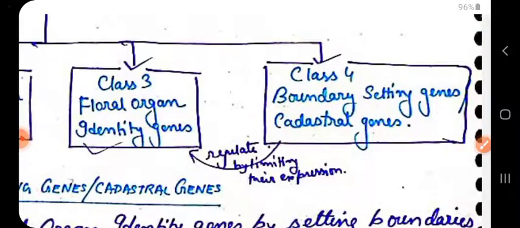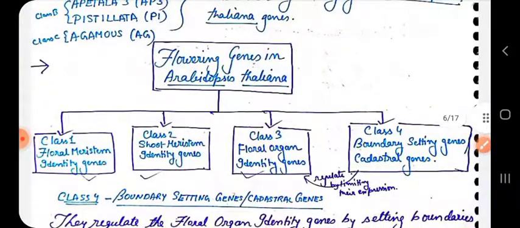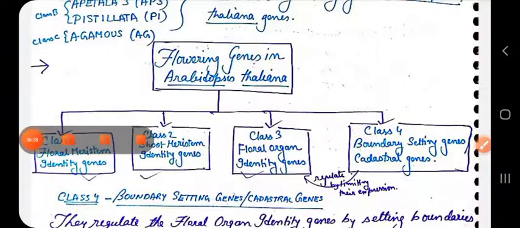I think you have been able to understand what I have tried to say. So they are regulating the floral organ identity genes by limiting their expression, by setting up boundaries for their expression, and in this way they are controlling the development of the flower. So these are the four classes of your flowering genes.